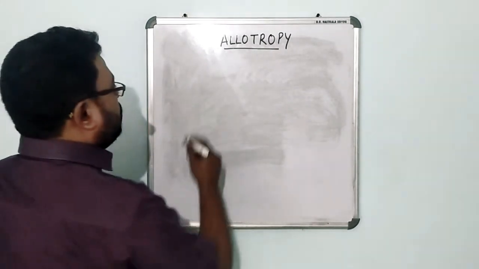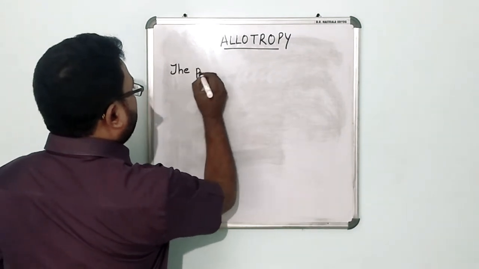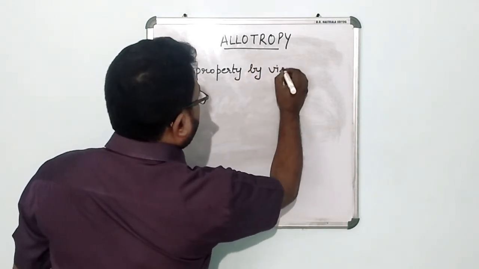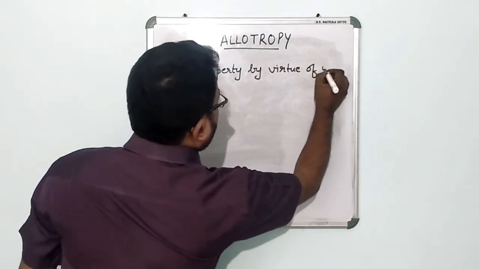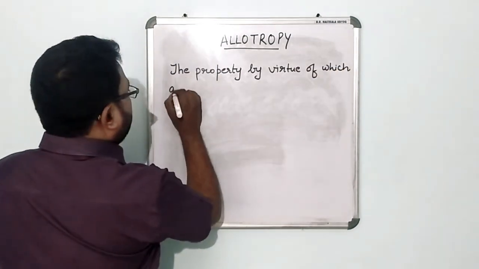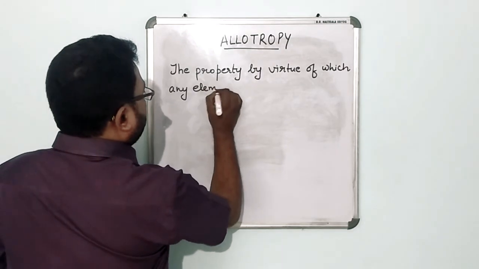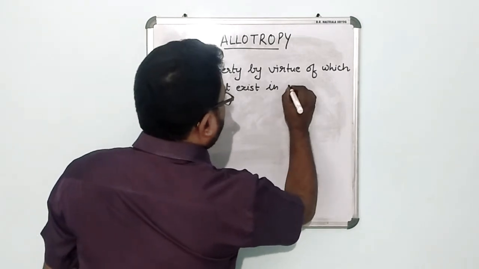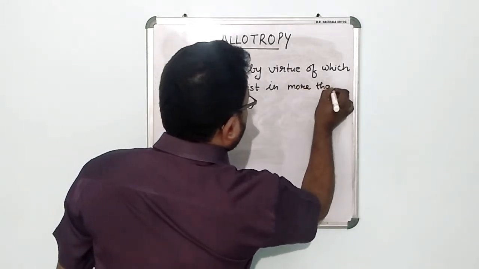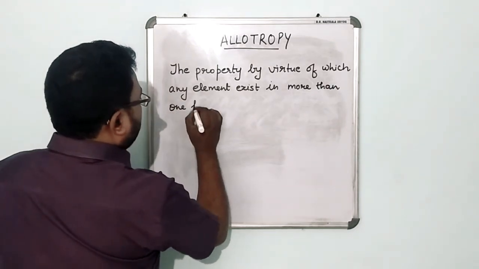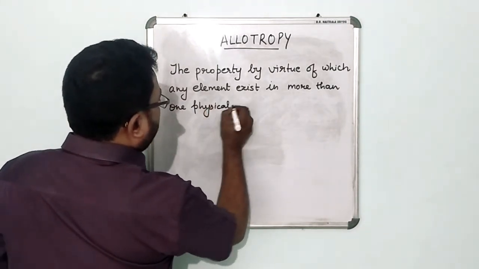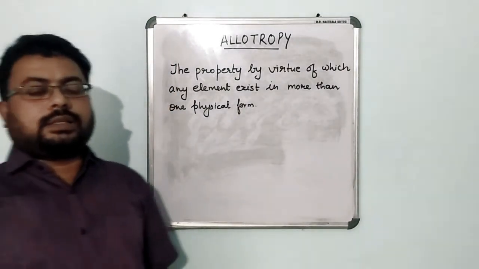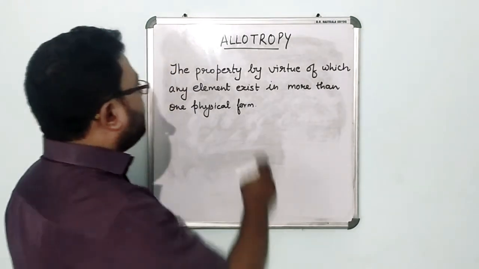Allotropy is the property by virtue of which any element exists in more than one physical form, or it can exist in different physical forms. That is what we call allotropy.